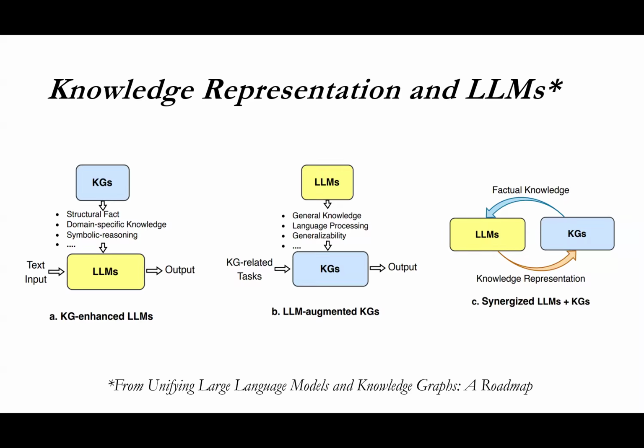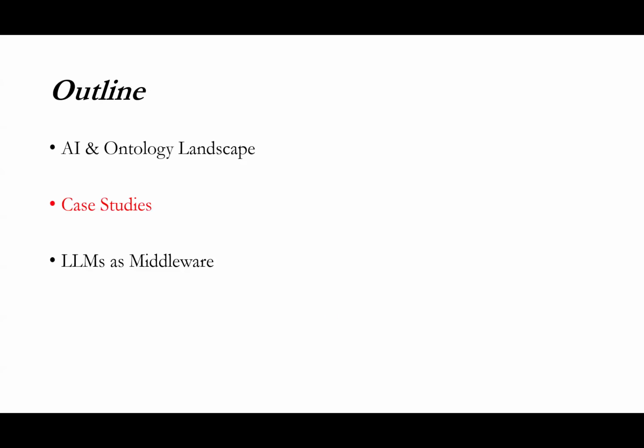So you see, they could help enhance large language models. Large language models could help enhance or augment knowledge graphs, or there's some kind of synergy between the two. Broadly speaking, this is how a lot of literature has fallen out since.